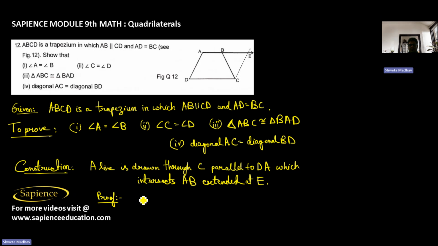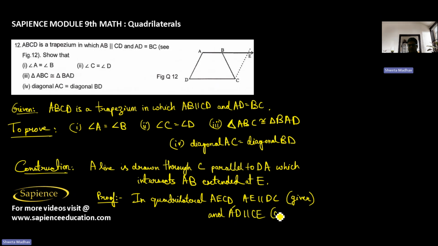So therefore, here we can see that one quadrilateral AECD has been formed. In quadrilateral AECD, AE is parallel to DC, since it is given that AB is parallel to DC, and AD is parallel to CE, which is according to construction.